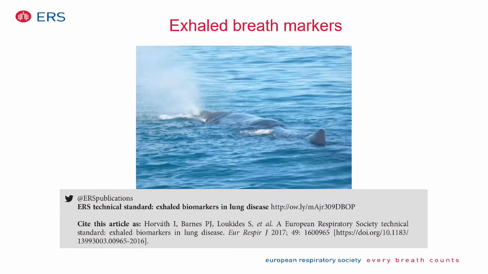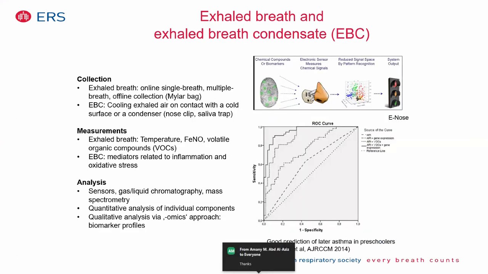So I'll be very short in the last few slides about exhaled breath markers. If you're interested in this, there's a nice review paper on these markers that is shown here, published three years ago in the ERJ. So basically you can measure inflammatory markers in the breath, or also in the condensate of your breath, where you have just the fluid of your breath that has been cooled and condensed, and where you can analyze your particles.